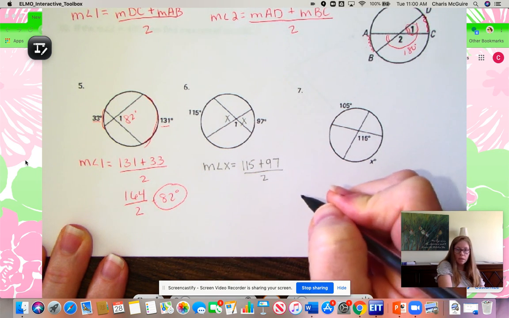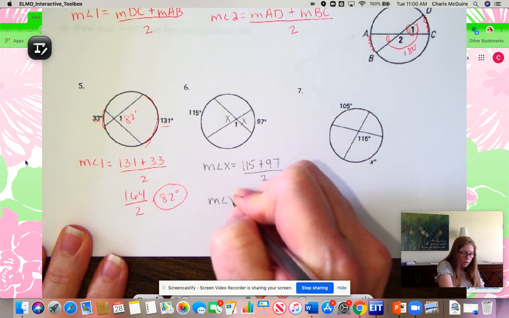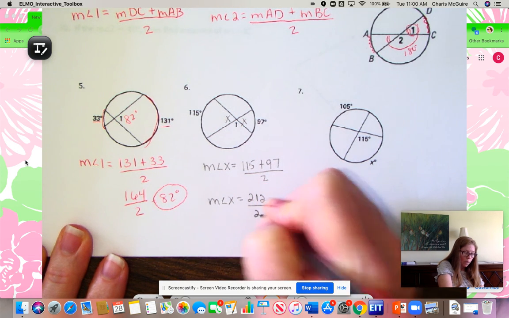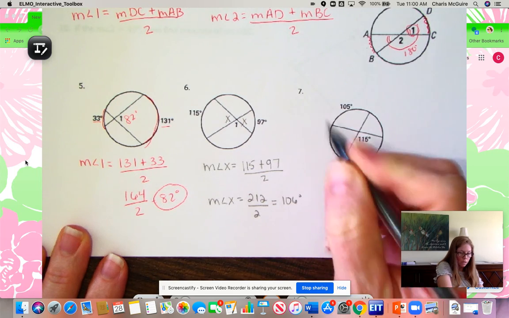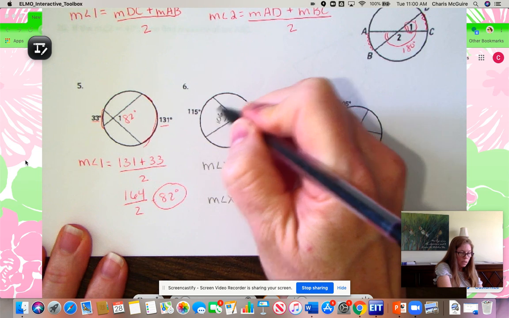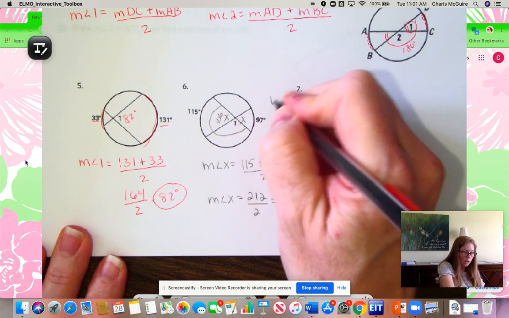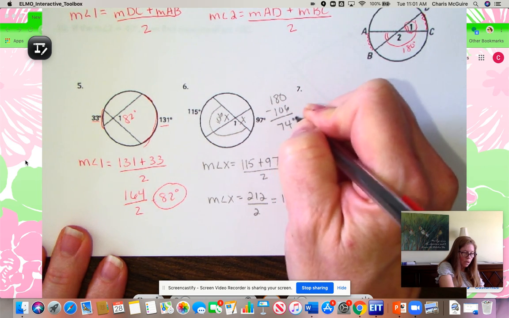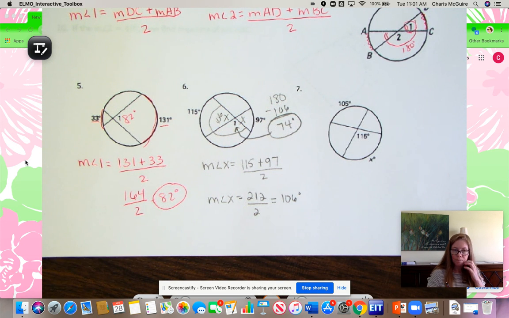The measure of angle X is going to be 212 divided by 2, which gives me 106 degrees. So this is 106, and these are supplementary to one another. So I'm going to do 180 minus 106, which will leave us with 74 for the measure of angle 1.